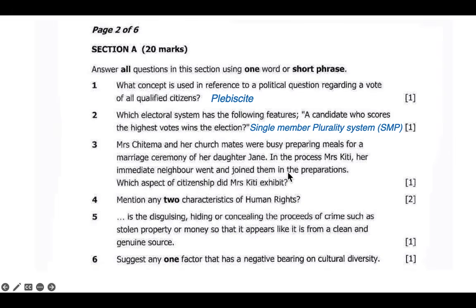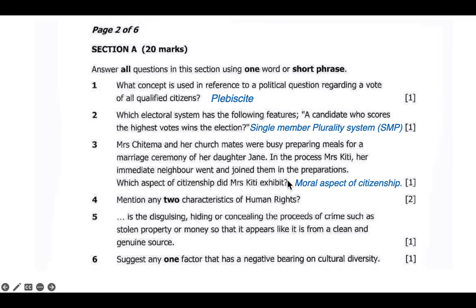So that is the legal aspect mostly. If we look at the aspect which deals with self-awareness and so forth, we call that the moral aspect. So that is the moral aspect of citizenship. And then we look at question 4. Mention any two characteristics of human rights.